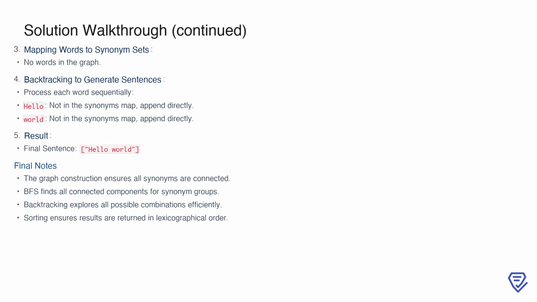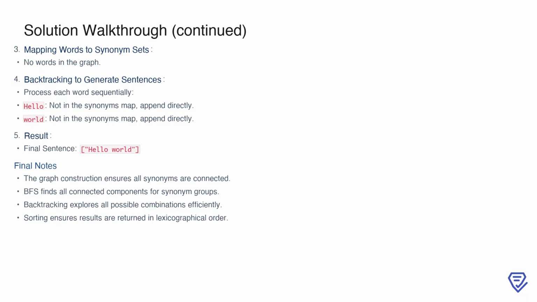To summarize, the solution works by first constructing a graph to represent synonym relationships, then identifying connected groups using BFS. Each word is mapped to its corresponding synonym set, and backtracking is used to generate all possible sentences by exploring substitutions for words with synonyms. The results are then sorted to ensure they are returned in lexicographical order.